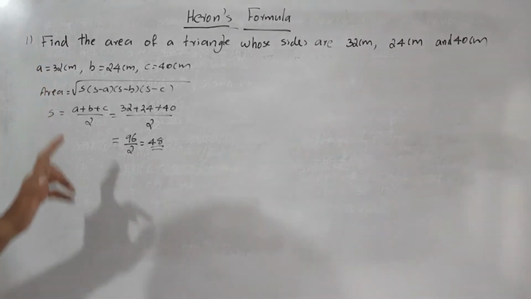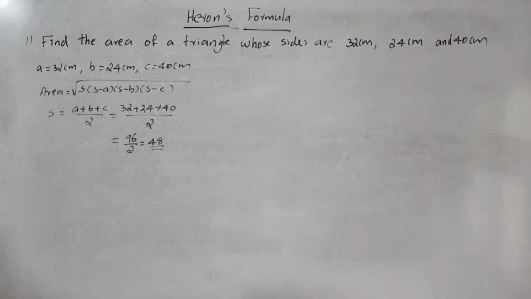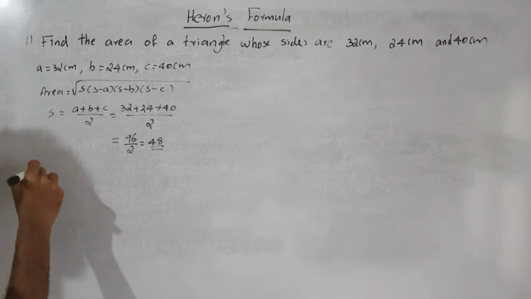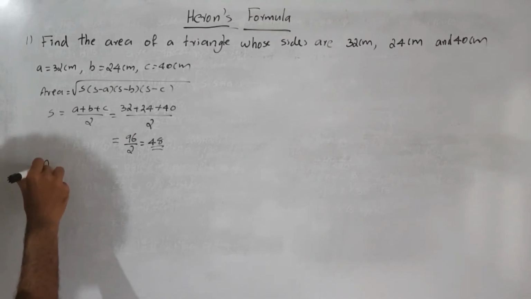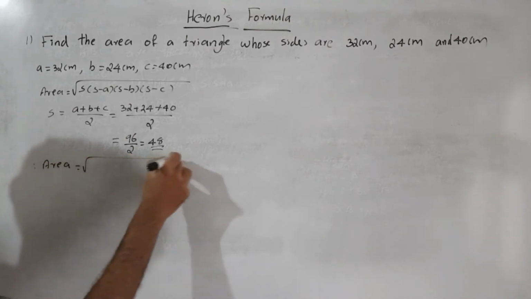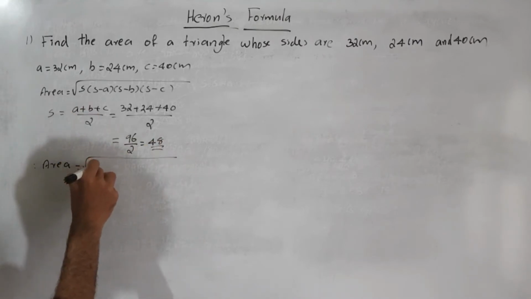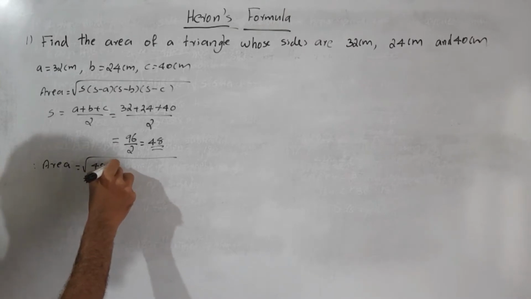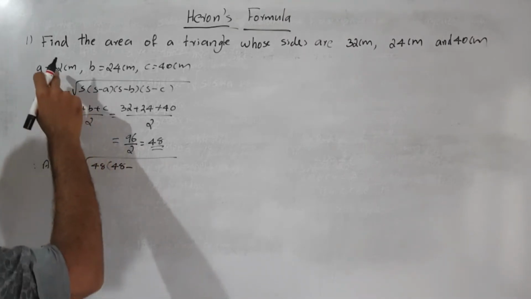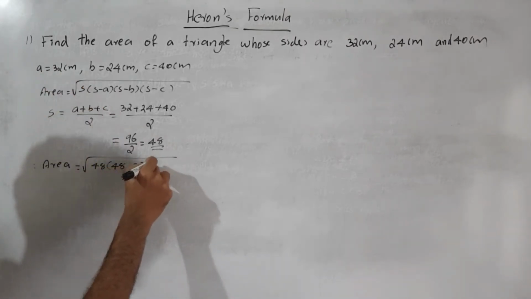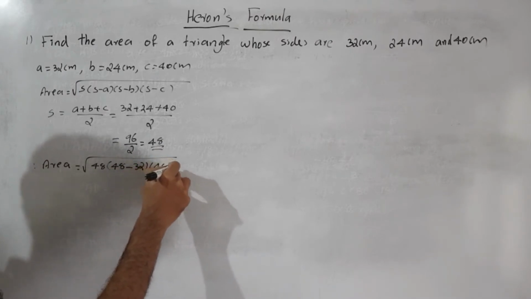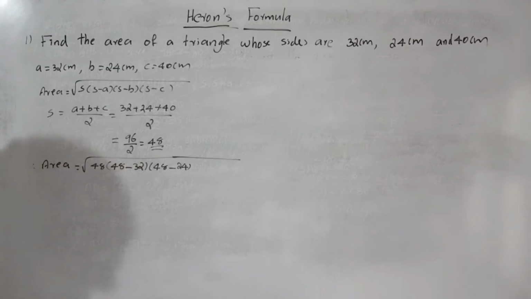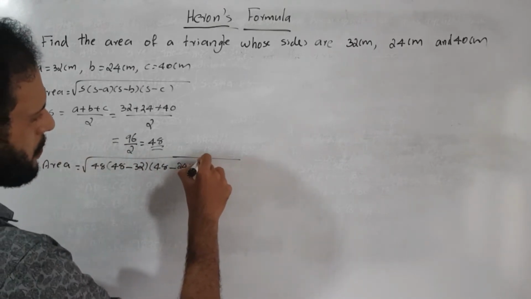Next, we find the values of S minus A, S minus B, S minus C, so we substitute the values directly. Therefore, area is equal to root of S, which is 48, into S minus A, that is 48 minus 32, into 48 minus B, B is 24, then S minus C is 48 minus 40.